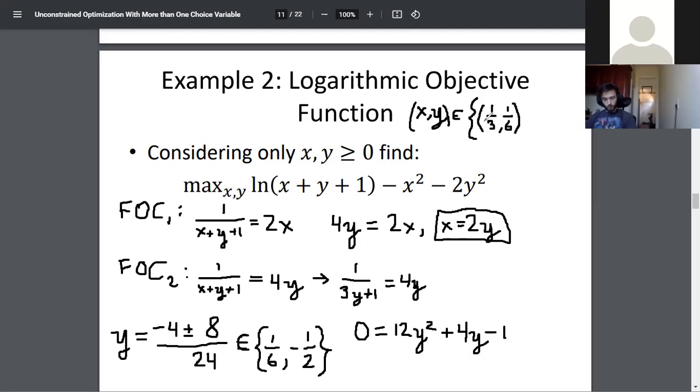I mean, really what I'm looking for are these two potential answers for the first order condition. If y is -1/2, x is double that, which is -1. -1 comma -1/2. Okay, so this is a fancy way to write it, but you know.